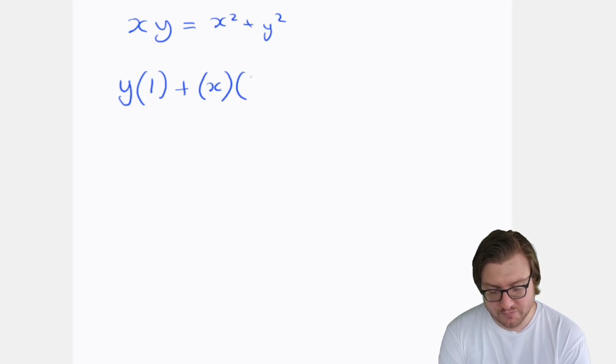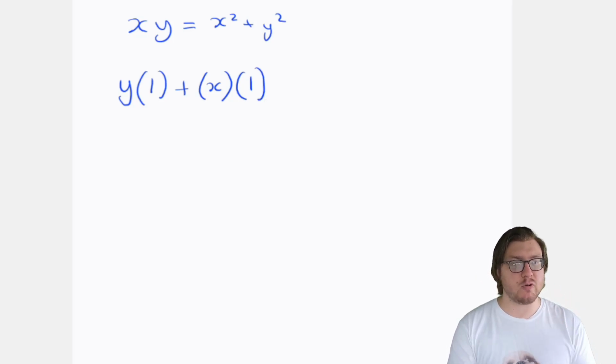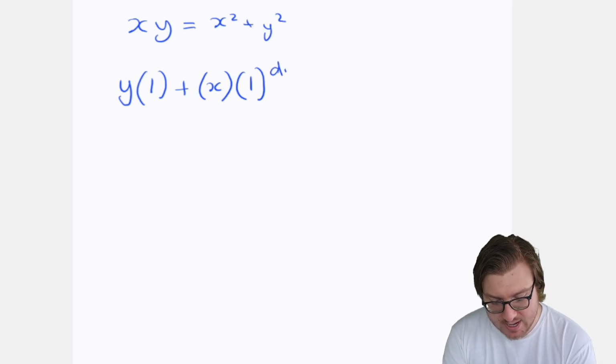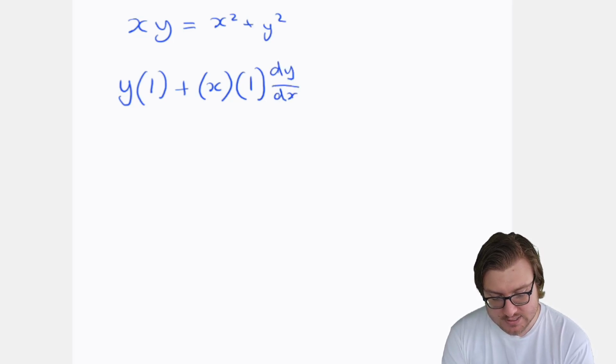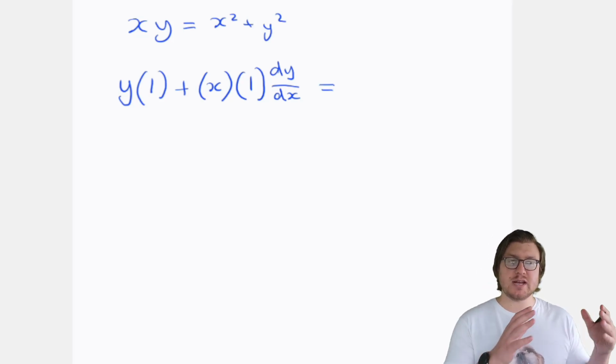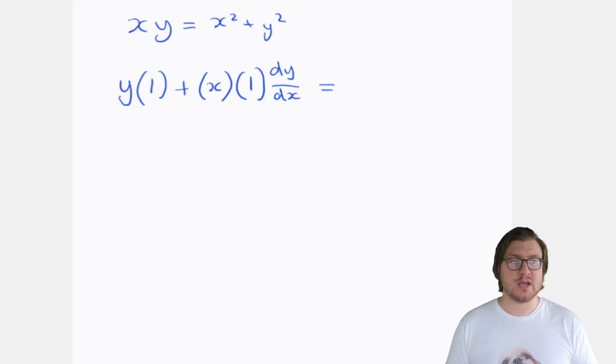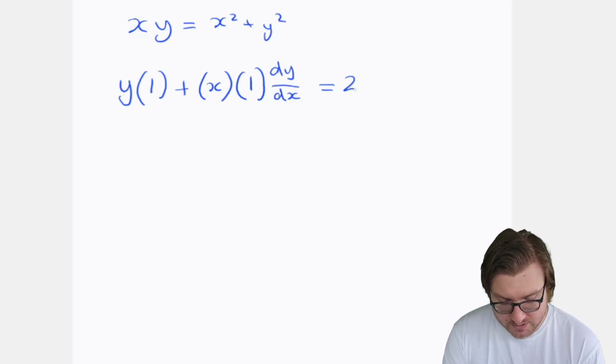Now the derivative of the second is 1, but here we're taking the derivative of a y, so we need to again add dy by dx. Now, differentiating the right-hand side is very similar. So let's have a look. If we're differentiating x squared, we get 2x.